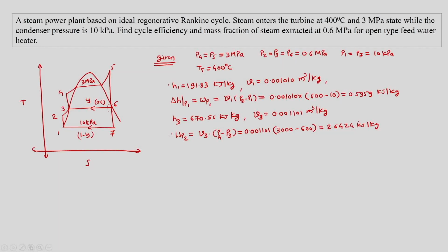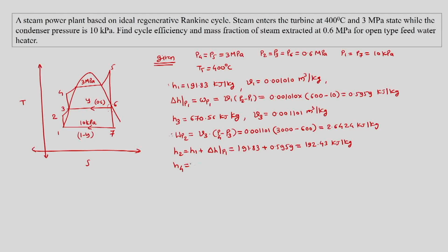Now we can use these two specific pump works to find the other enthalpies. So H2 is equal to H1 plus delta HP1, which is 191.83 plus 0.5959, and this gives us H2 as 192.43 kilojoule per kg, and H3 is already found.